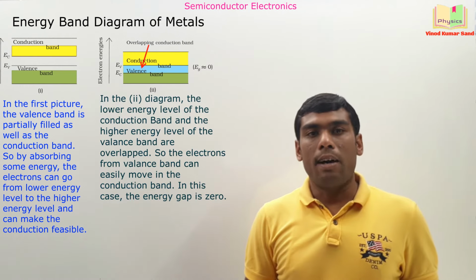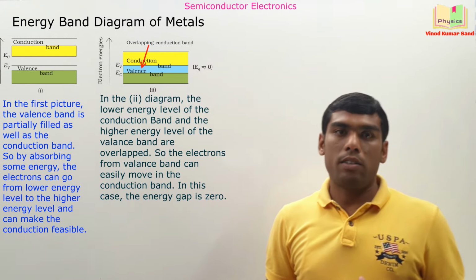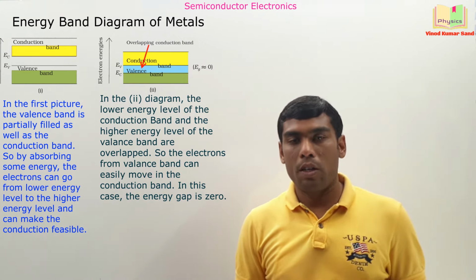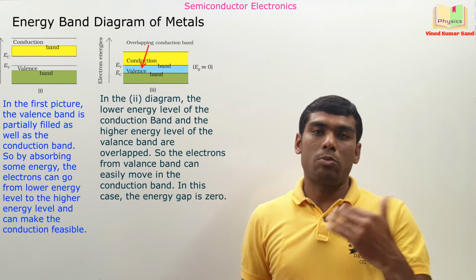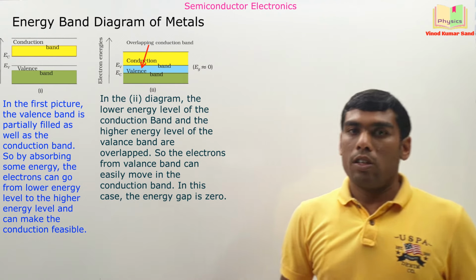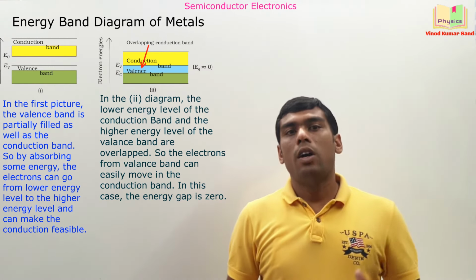In the second diagram, the lower energy level of the conduction band and the higher energy level of the valence band are overlapped. So the electrons from the valence band can easily move in the conduction band. In this case, the energy gap is 0.